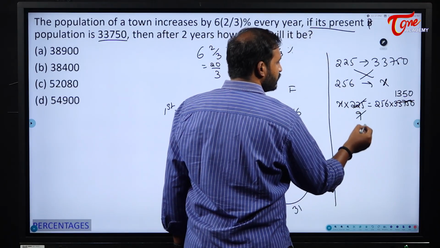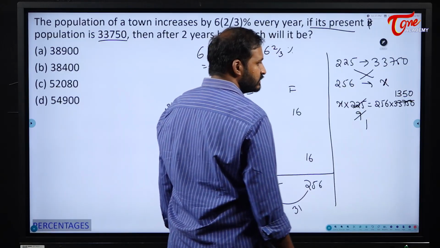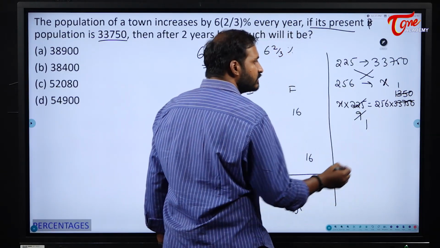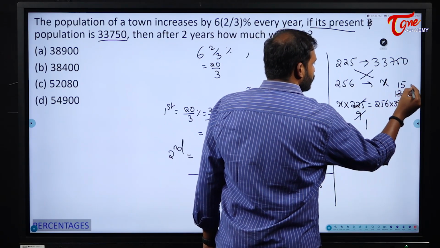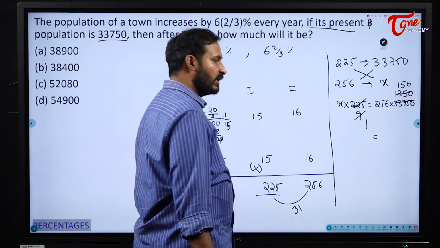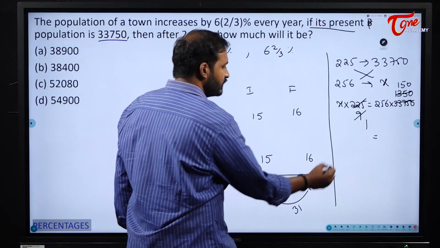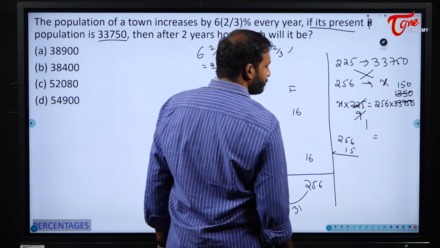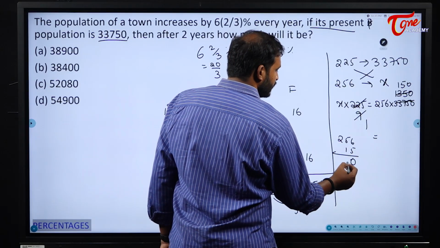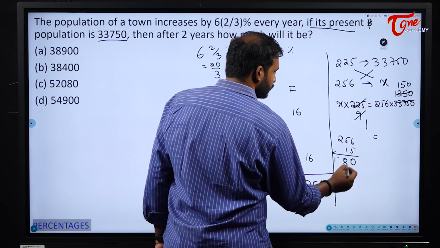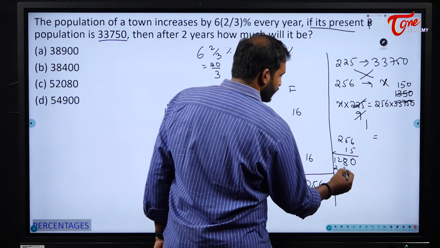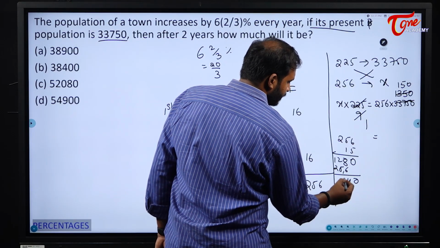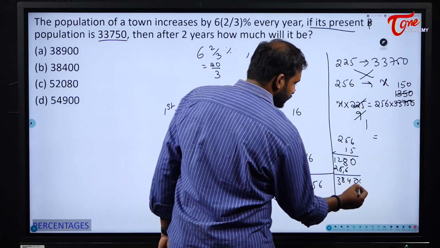Next, 9 table, 9 ones is 9, 5 0. So 256 into 150. Please calculate it. 256 into 150: 0, 3, 8, 2, 12, 2, 5, 6, and 0, 1, 4, 8, 3, 8, 4, 0, 0.